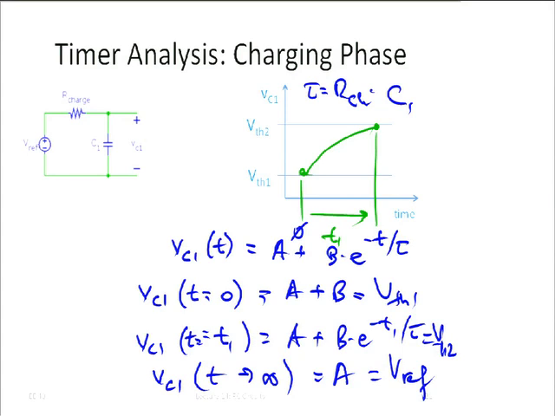Okay, so with this set of equations, we now can solve for A and B, and then we can relate T1 to Vref and R charge and C1 and V threshold 1 and V threshold 2, okay? And then, of course, we'll have to do the exact same thing over again for the discharging phase also.